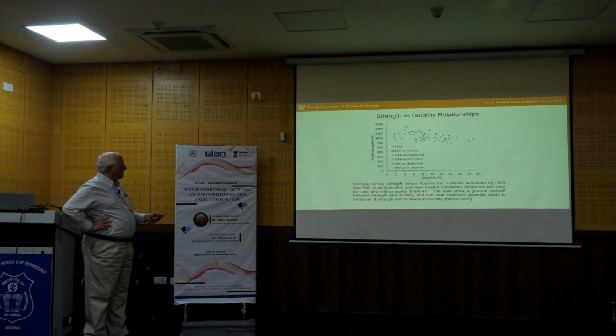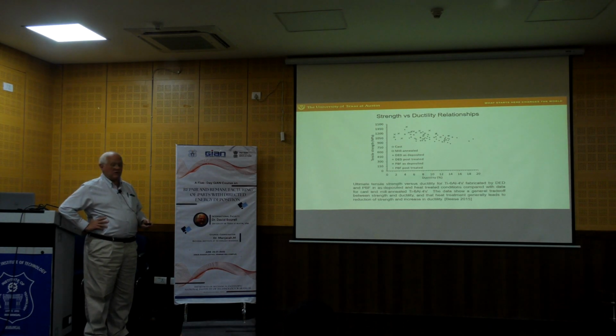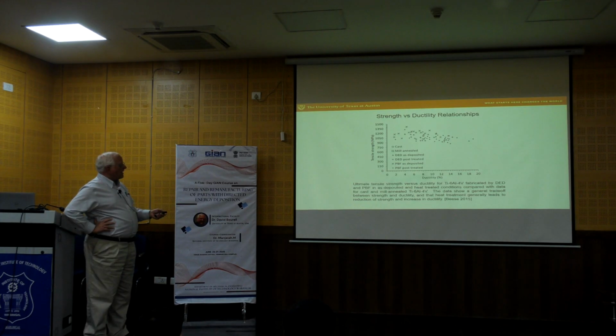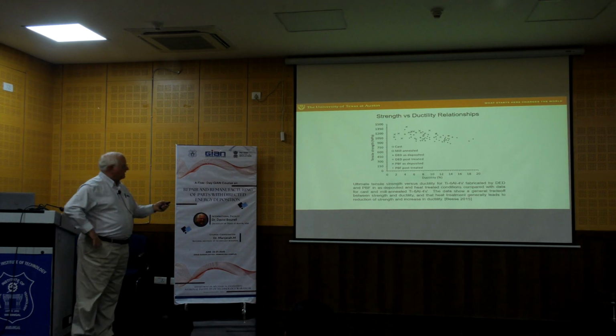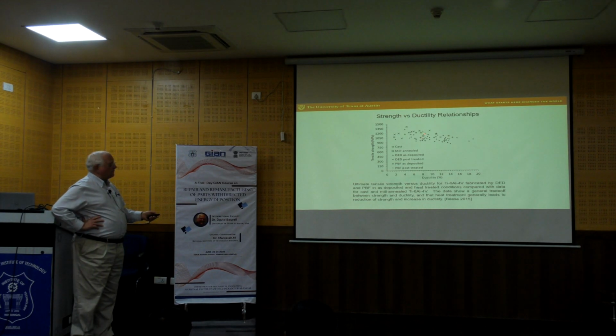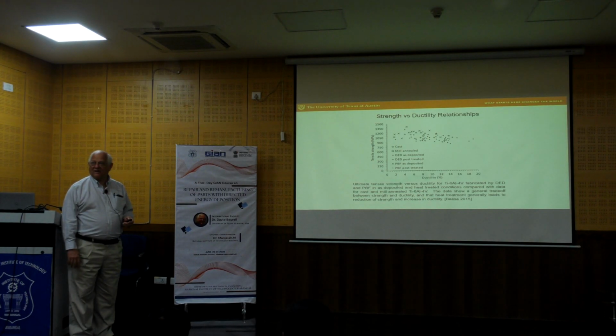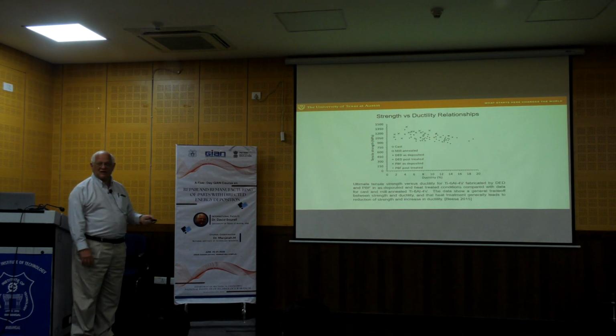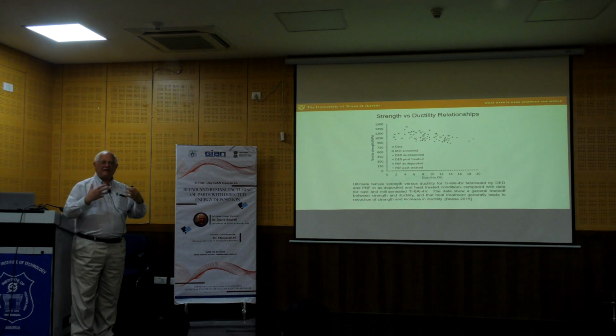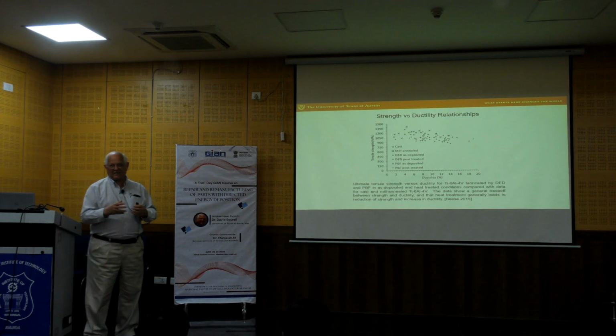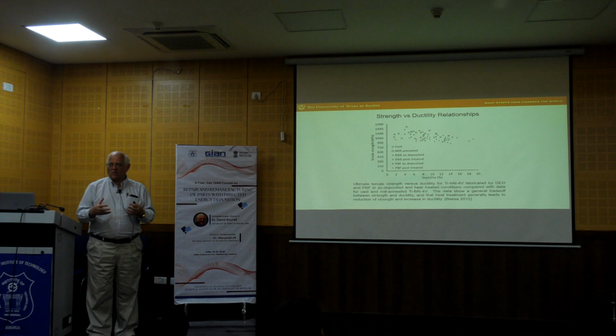What's plotted here is the tensile strength versus the ductility of the material. The first impression is that there's not a lot of variation in strength. However, there's an enormous variation in ductility. This is indicative of the fact that if we have defect structures, we can get very unpredictable properties.